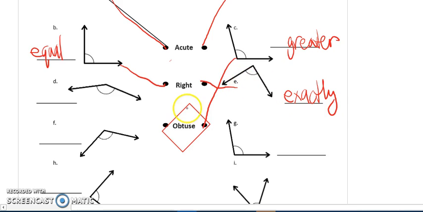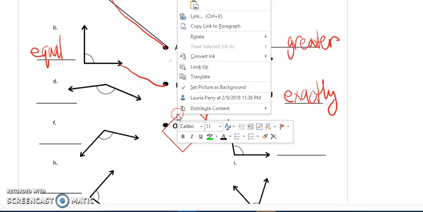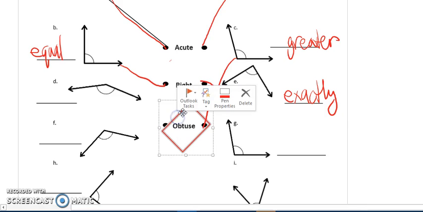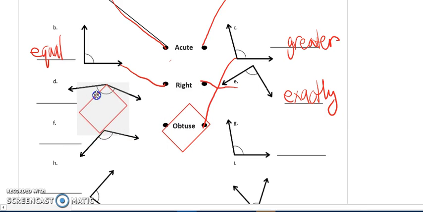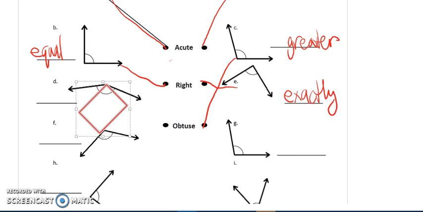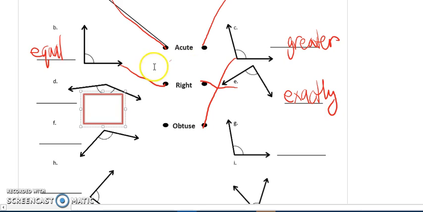Okay? Then I'm going to take my shape over here, and I'm going to try to get it right in the vertex, but it also has to line up to one of the sides too. We'll see if I can get that to happen. It's kind of hard with this device.